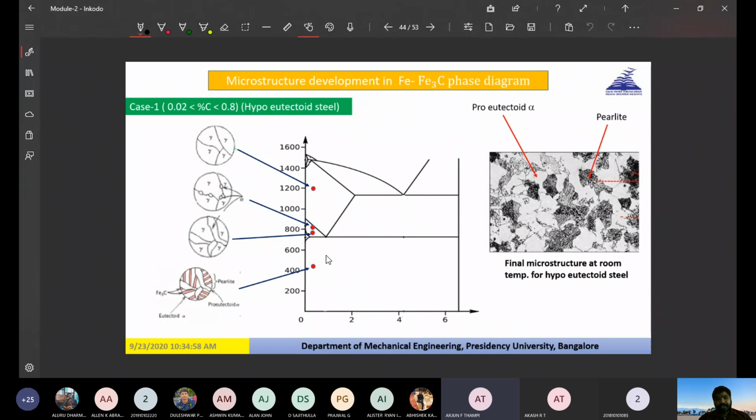Correct, good. A steel with 0.8% carbon concentration we call a eutectoid steel, and this point is referred to as the eutectoid point. So now we are going to take a steel with composition 0.8% carbon and see how the microstructure development takes place.